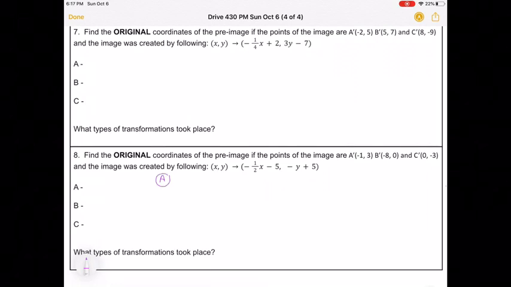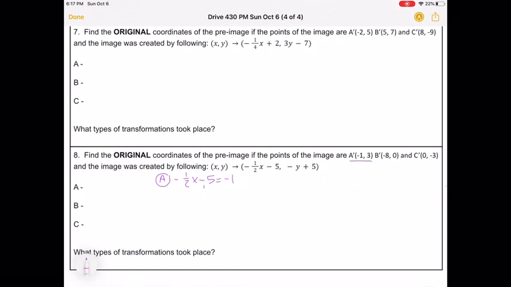Okay, so the equation for point A. We're given A prime, we need to find the pre-image. So I would say negative 1/2 x minus 5 equals negative 1. That's the equation you should have gotten.